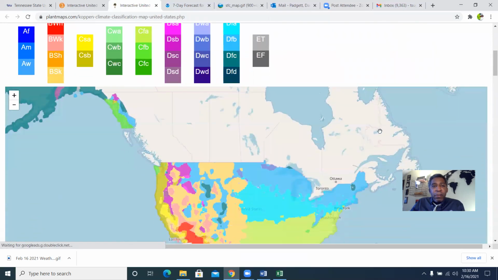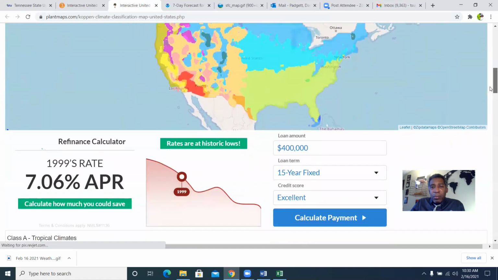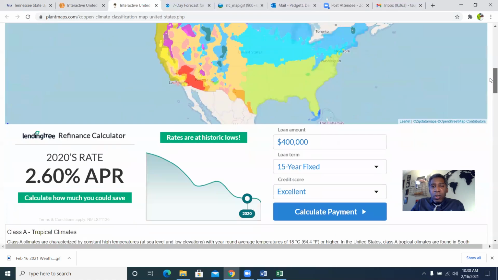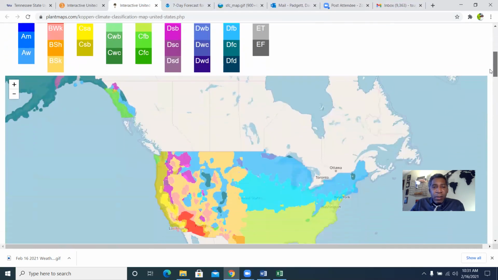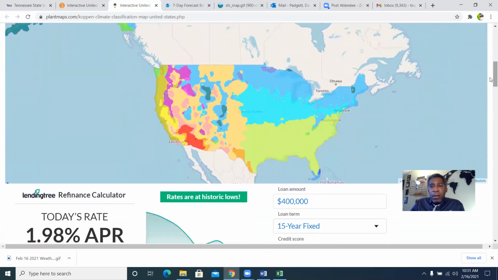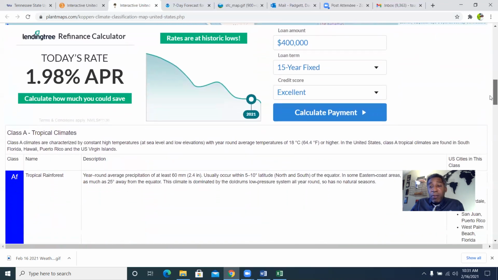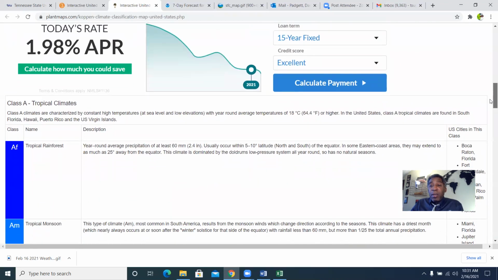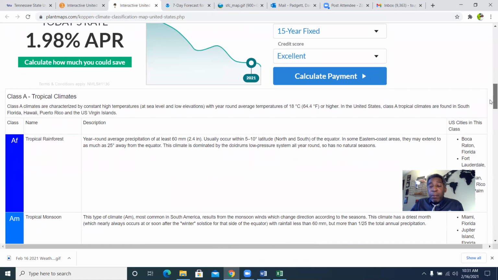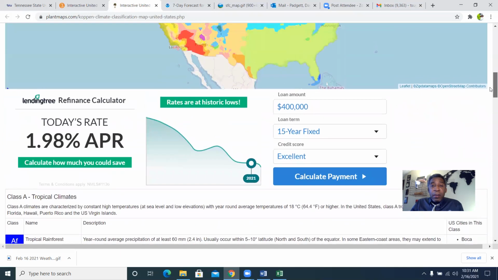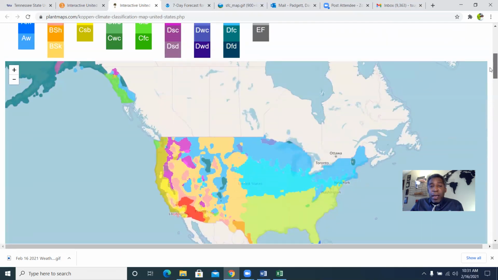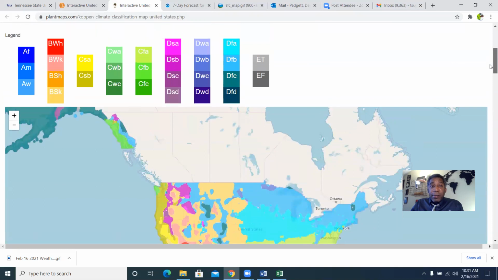Now we also have an interactive Köppen climate map that you can use. Köppen was a German climatologist who created a quantitative method for describing climate graphically, using a combined alphabetic and color-coded system.